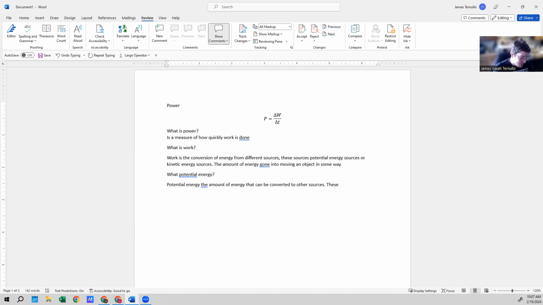These sources could be kinetic energy or, through energy loss, through processes like friction. So you see here that I picked this equation because it kind of umbrellas all of the topics that you guys are talking about this week in the modules.